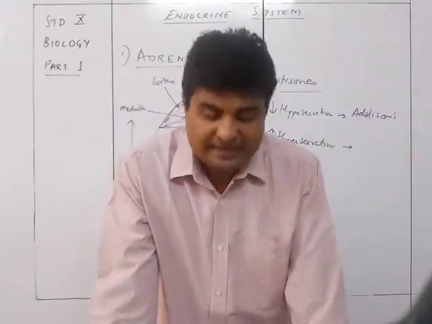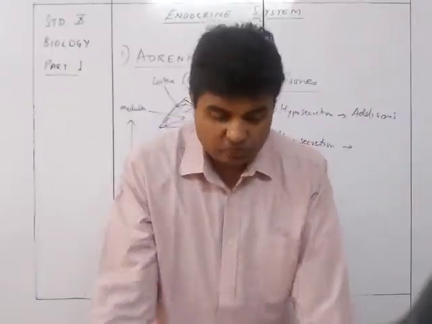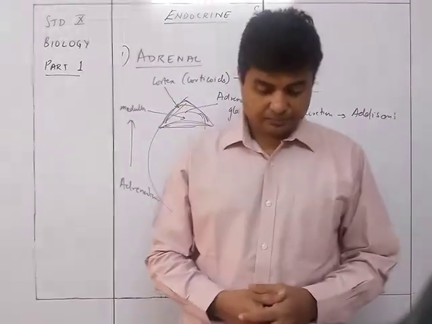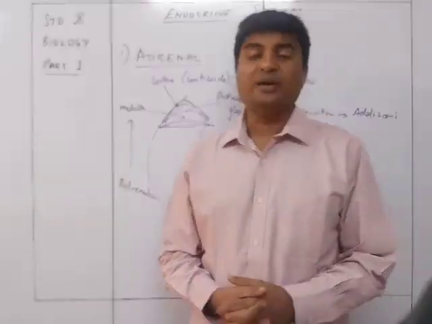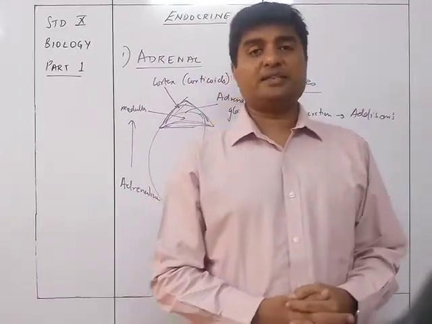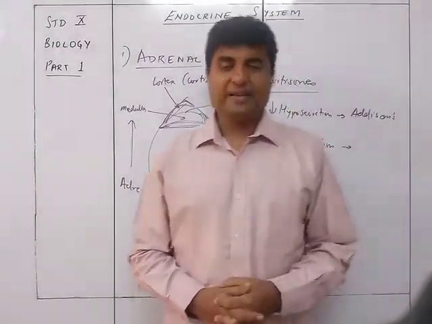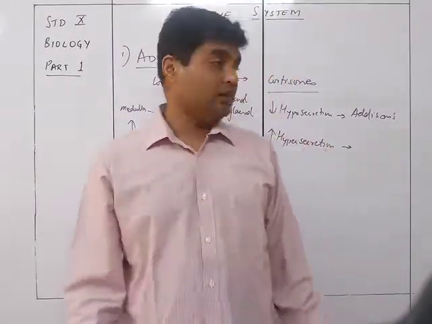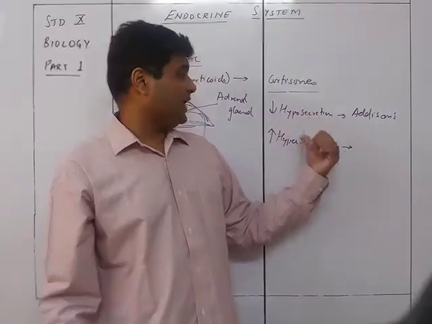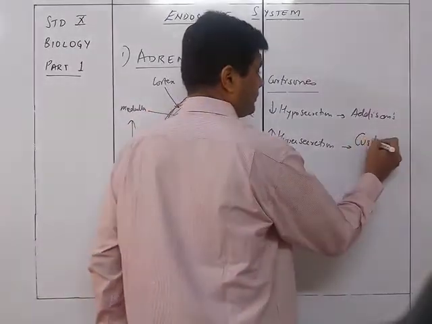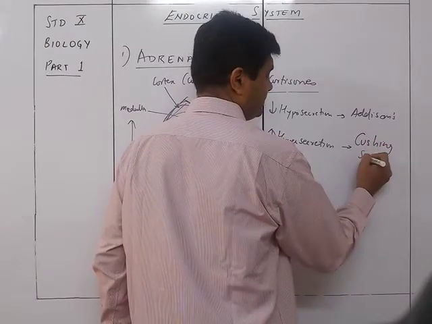Symptoms are obesity, hyperglycemia, means high blood sugar, osteoporosis, weakness, salt and water retention. These are the symptoms seen in a person having hypersecretion of adrenal cortex. So cortisol's hypersecretion causes Cushing syndrome.